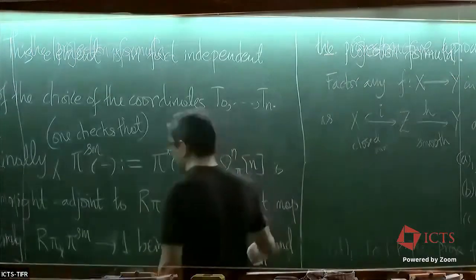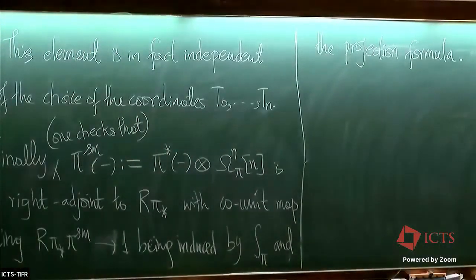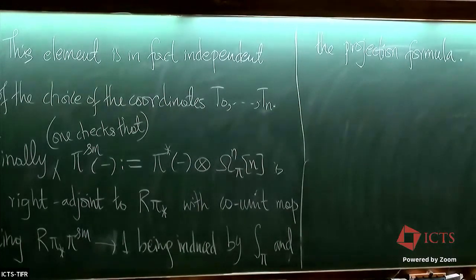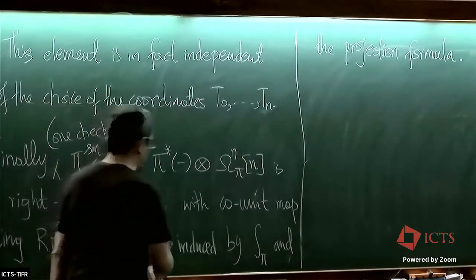For this I have the integration map, which I will just denote by the integration symbol, and that map will send it to pi. In fact, this is an isomorphism, and so that will give us a map like this.